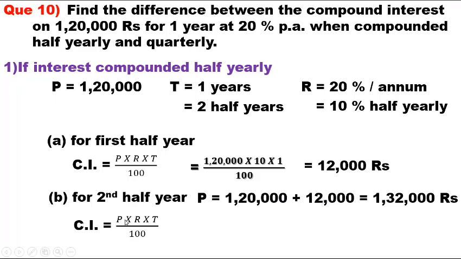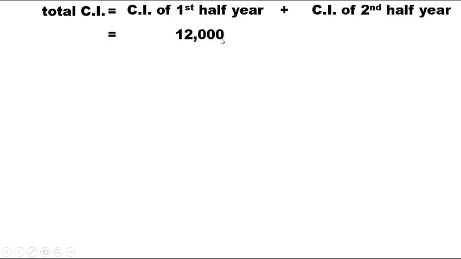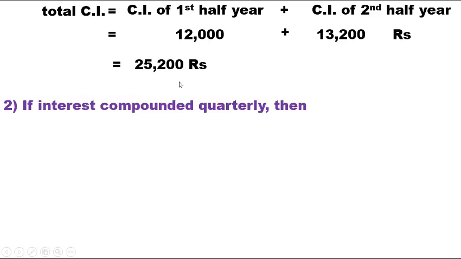CI is equal to 1,32,000 into 10 into 1 divided by 100 is equal to 13,200 rupees. Total compound interest is equal to 12,000 plus 13,200 is equal to 25,200 rupees.